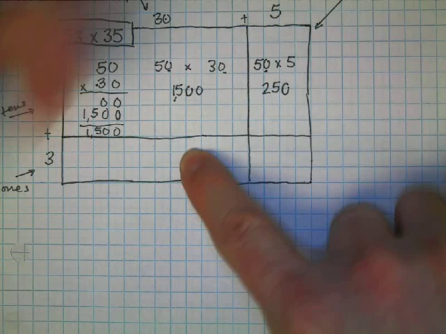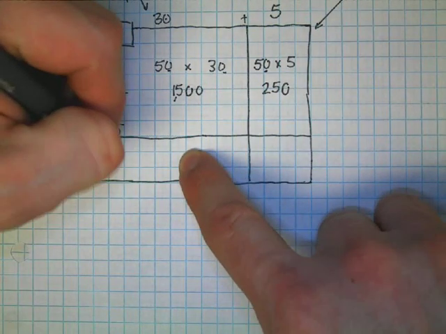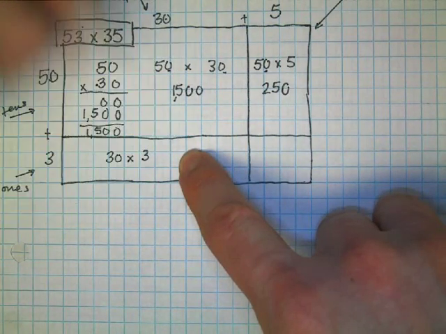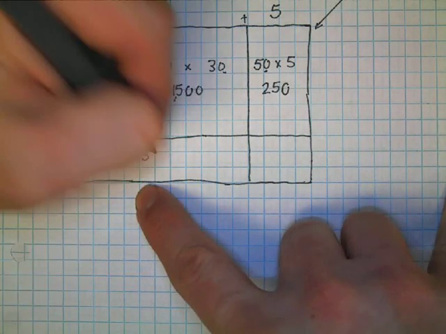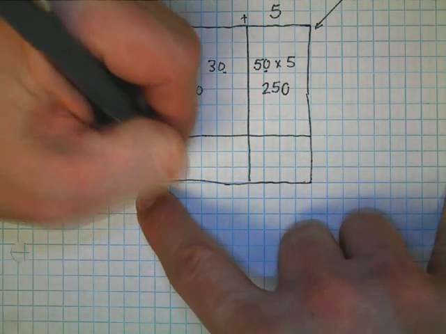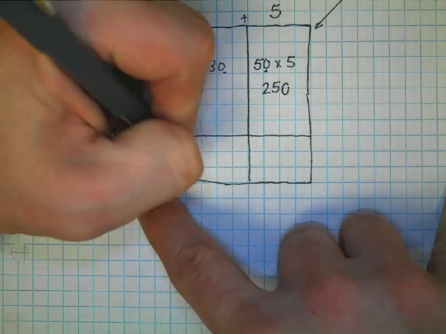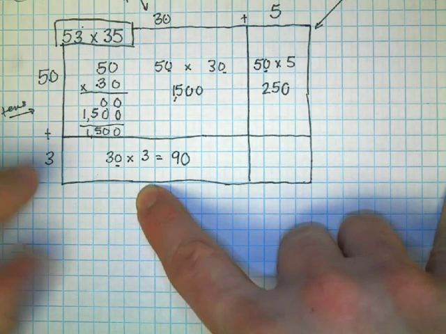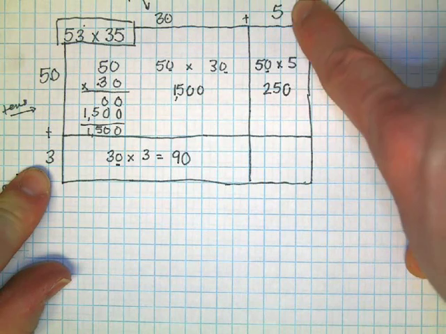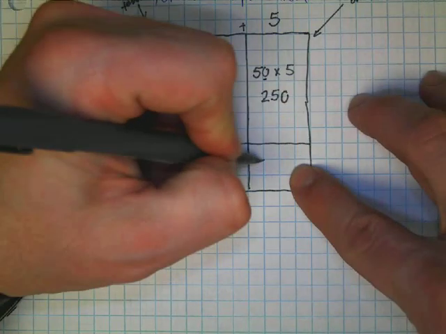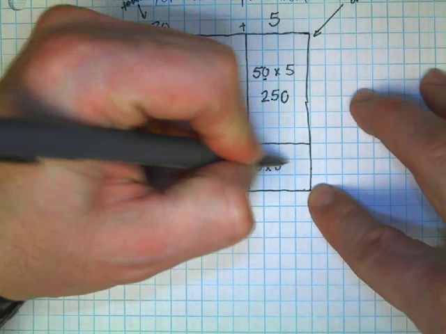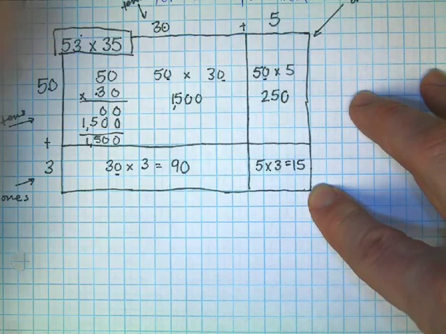Then we're going to skip down to our next row. This row is 3, and this column is 30, so that gives me the multiplication 30 times 3. I know that 3 times 3 is going to be 9, and again, I have 1 zero, so I'm going to put 90. Last but not least will be the 5 column with the 3 row, which will give me 5 times 3, which is equal to 15.